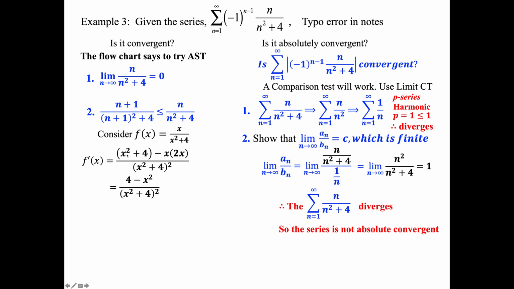Add it to the x squared, gives me 4 minus x squared. Now we take the 4 minus x squared and make sure that it's less than 0, solving for x. We get x has to be bigger than 2. Once you're bigger than 2, then this sequence begins to decrease. So both statements are true and it converges by the alternating series test.